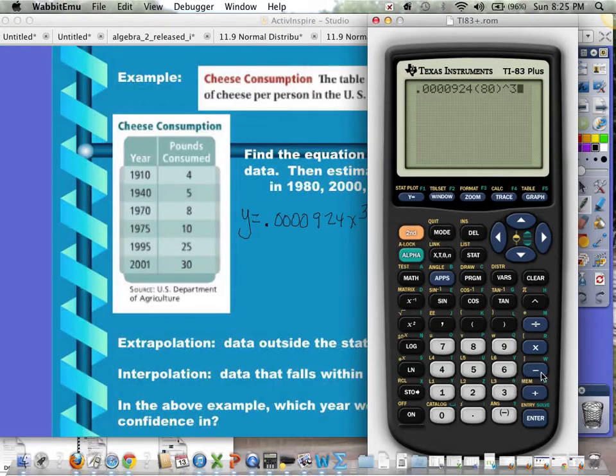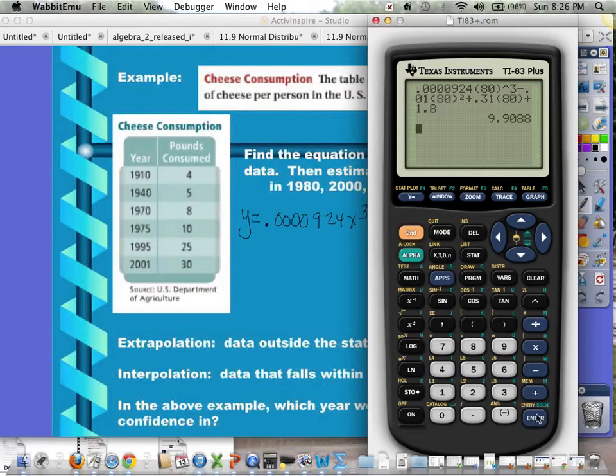Then I'm going to have minus 0.01 and the parenthesis 80 squared, plus 0.31 parenthesis 80, and plus 1.8.